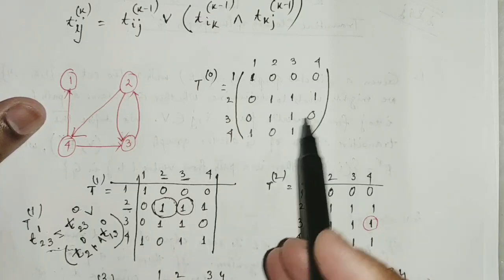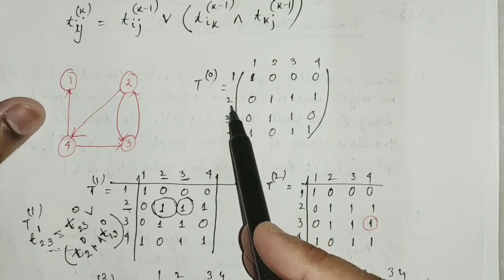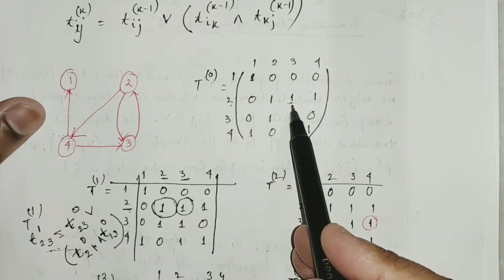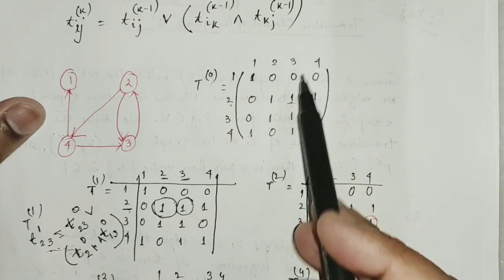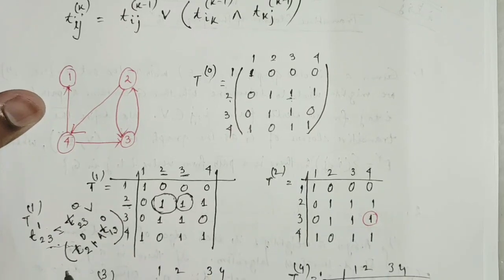So what is the value? T of 2, 3 using 0, so it is 1. So write the value here.